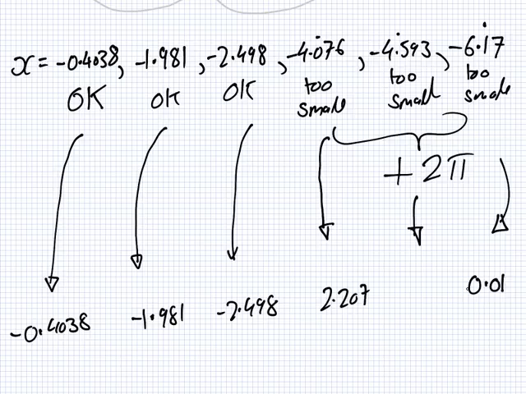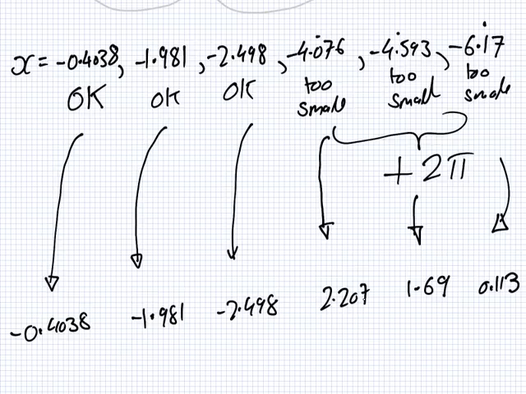Plus 2 pi. So that would be 0.02. 6.2830.